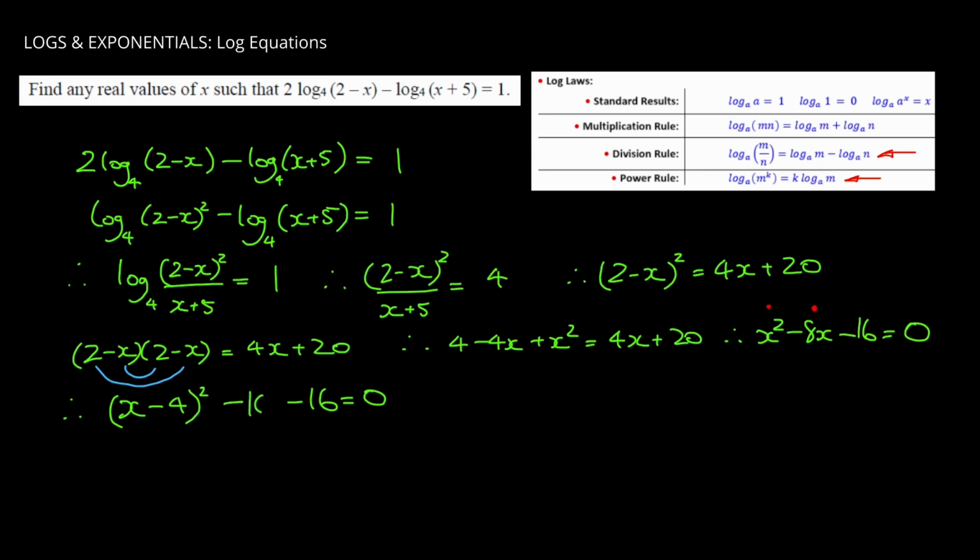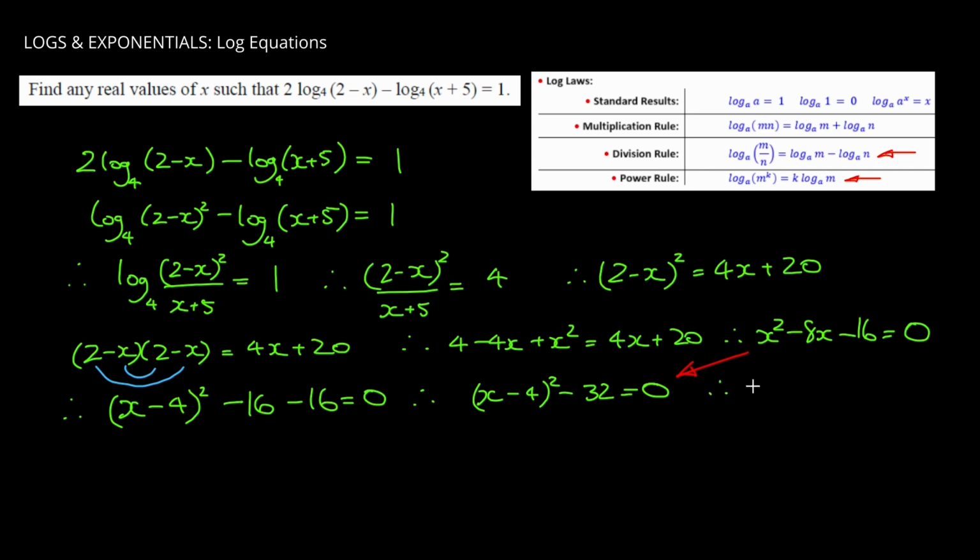So we've got another negative 16 here. So therefore I get that x minus 4 squared minus 32 equals 0 is the completed square version of our quadratic here. The advantage of this is that it will pop out the roots very quickly.